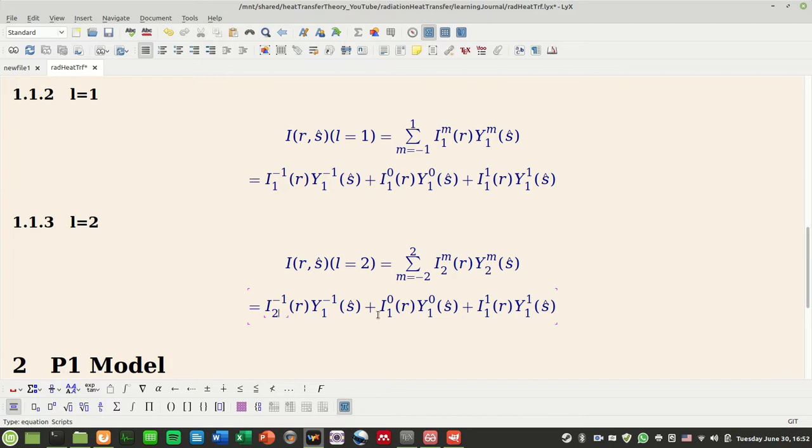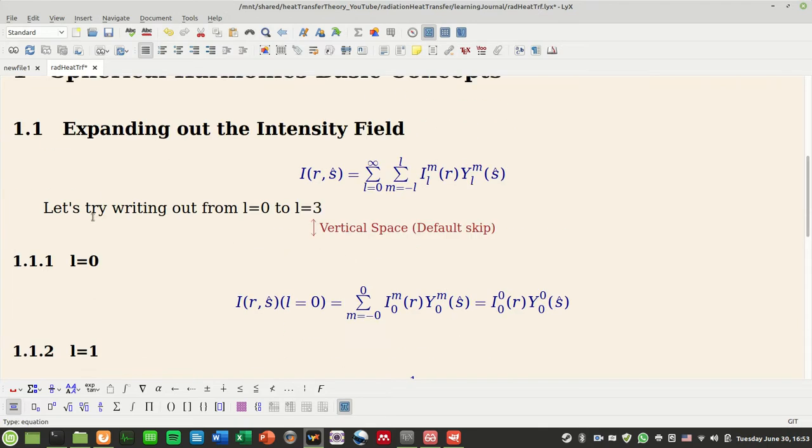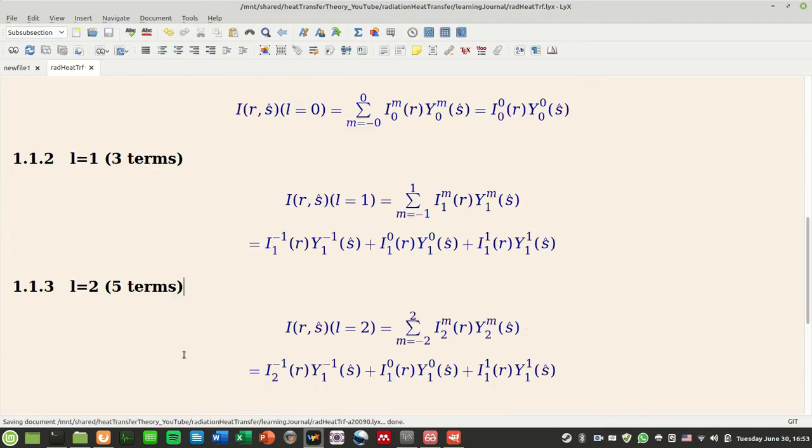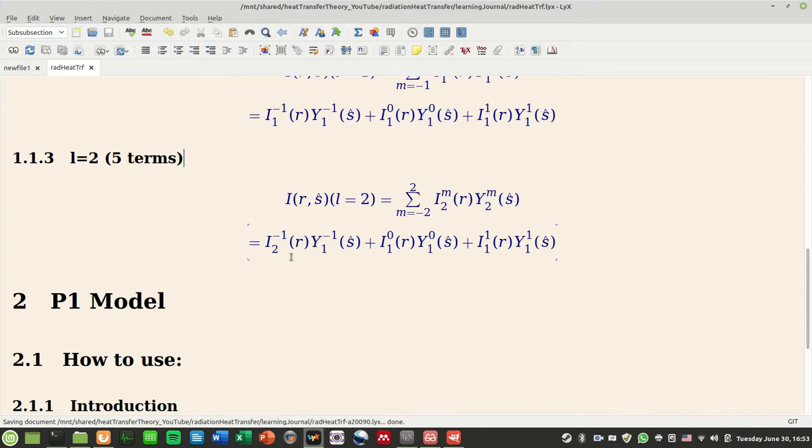So we change everything at the bottom to 2. L equals 0 is 1 term, L equals 1 is 3 terms, L equals 2 is 5 terms. You can see it growing very fast.